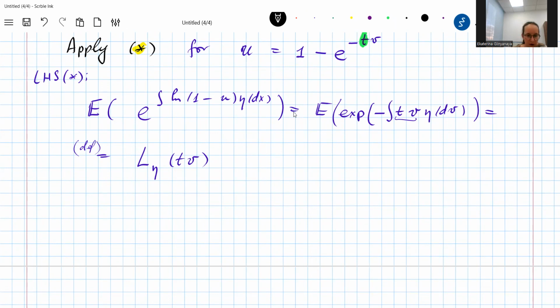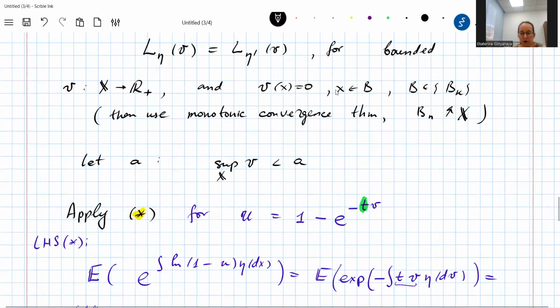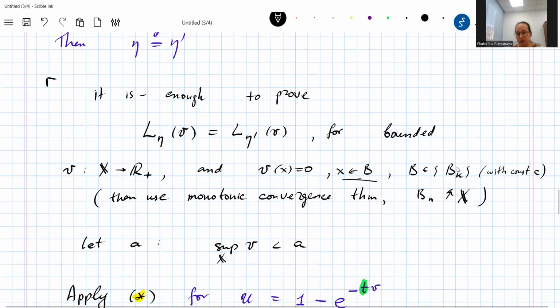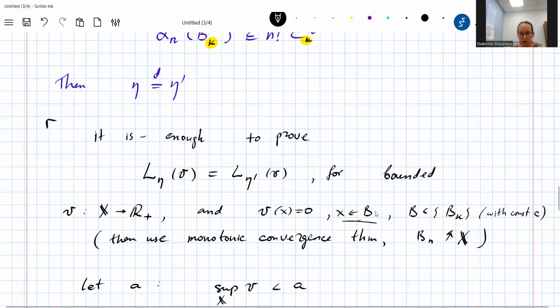So I want u to be less than 1 over c. Let this c correspond to this subset B. For each subset B_k, we have its own constant c_k, but I choose some B and denote this c_k by c.